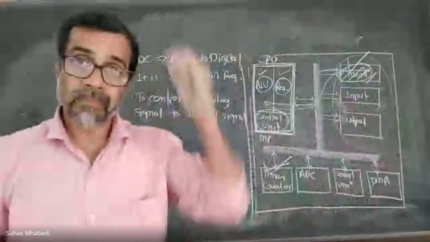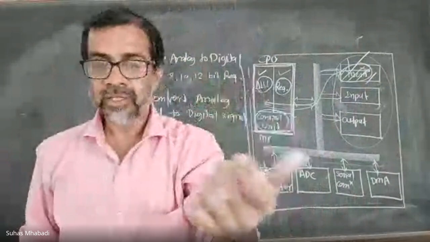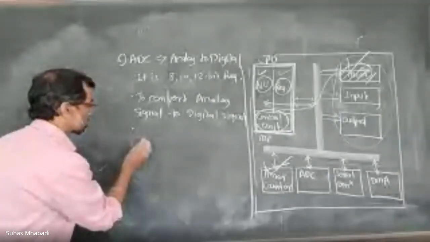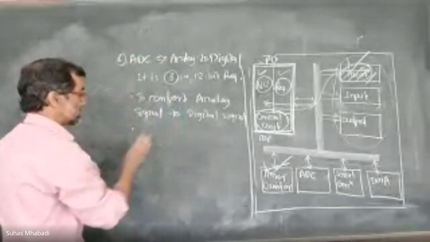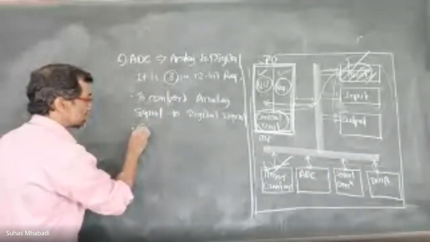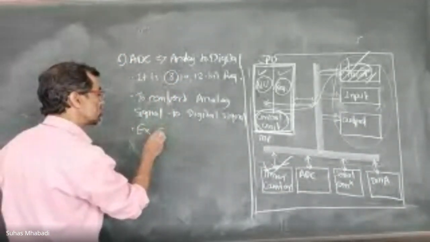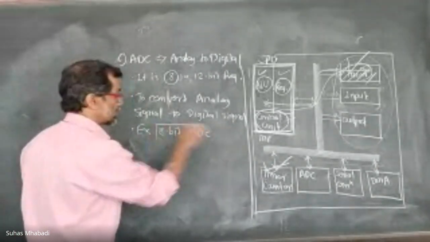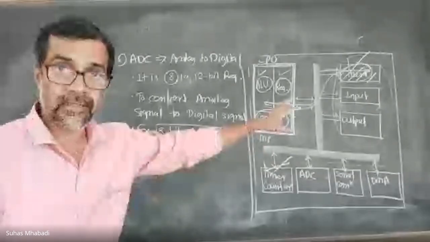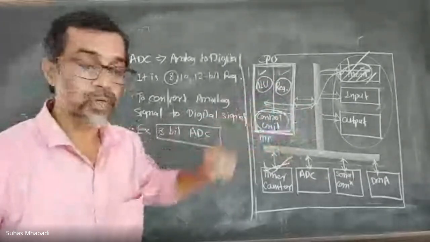Now for example, let's see, the analog signal is 0 volt. There is an 8-bit register, suppose an 8-bit ADC. So example-wise, if there is an 8-bit ADC in the device, what will happen?